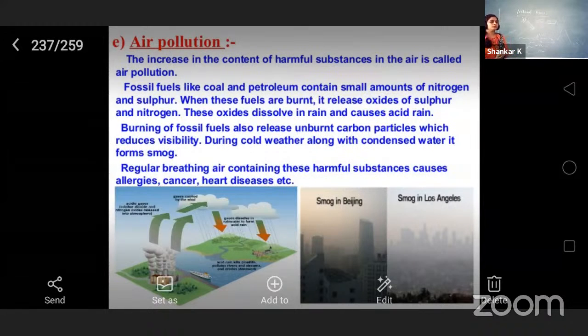Some people have allergies, cancer, and breathing or heart problems; they may be caused by air pollution. So how does air pollution happen? It happens by the burning of fossil fuels.